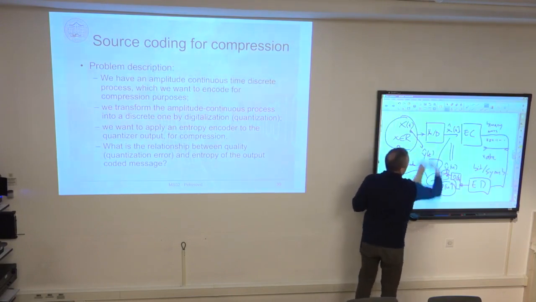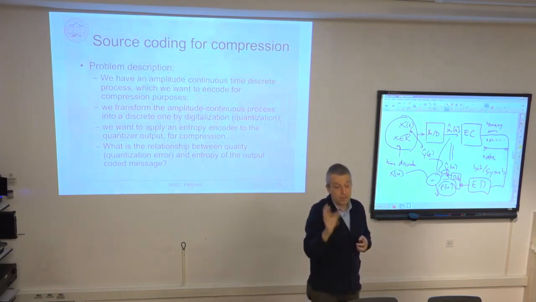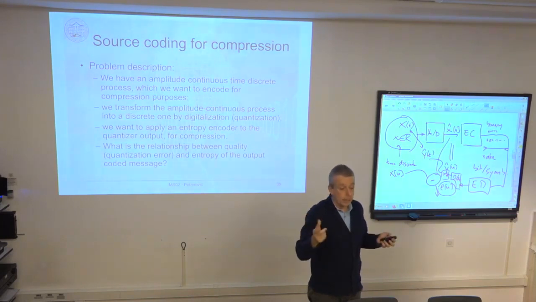Of course, the entropy here is definitely less than 3, because if we have 7 symbols, logarithm base 2 of 7 is something below 3. If I would have 8 symbols, it is 3, if all the probabilities are the same. It cannot be larger than 3.